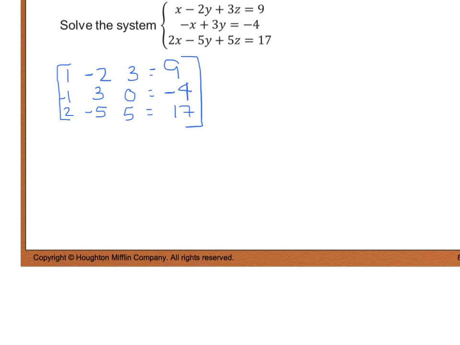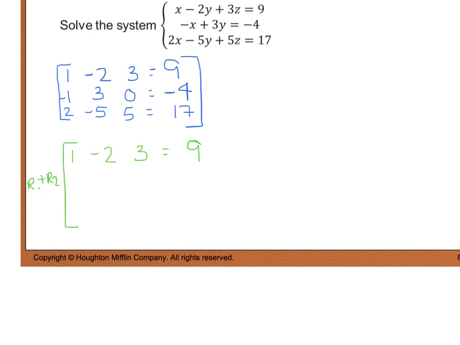So when I do this, as I mentioned before, I'm going to leave the first row by itself. So I have 1, -2, 3, and this equals 9. Now I'm going to do R1 plus R2.